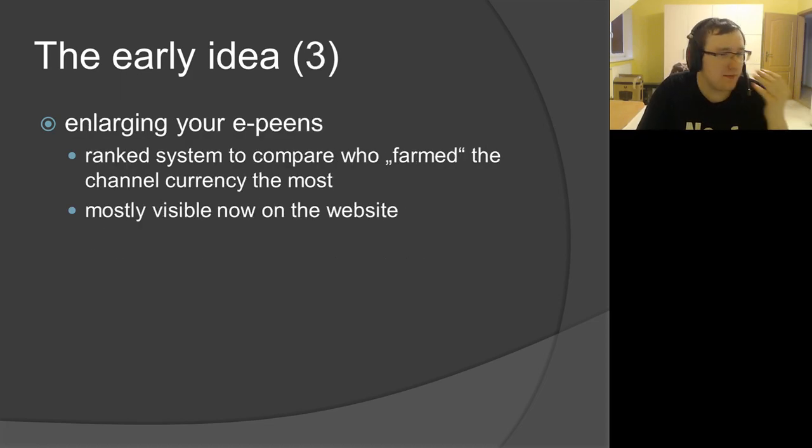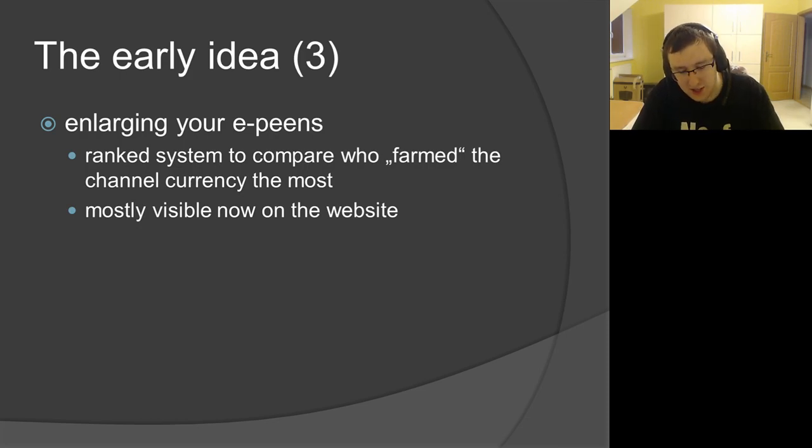So the third point, kind of obvious. Who farmed the most is the best one, the most usable one. And I was thinking, okay, I can do a rank system. So if you're first, you get this. If you're second, it's kind of obvious who's going to be first, who's going to be second, stuff like that.